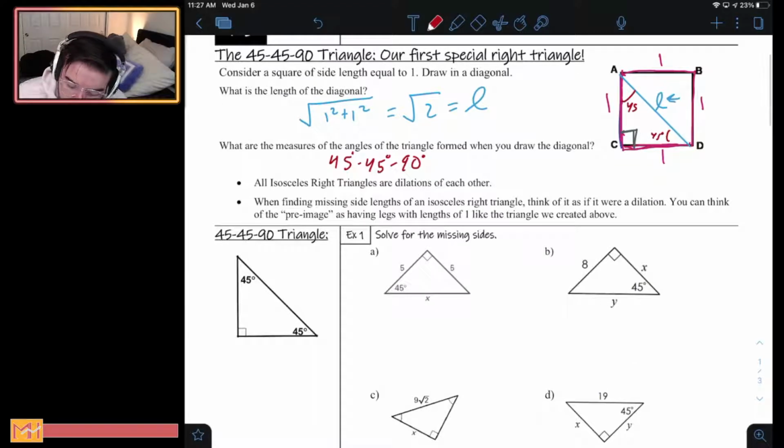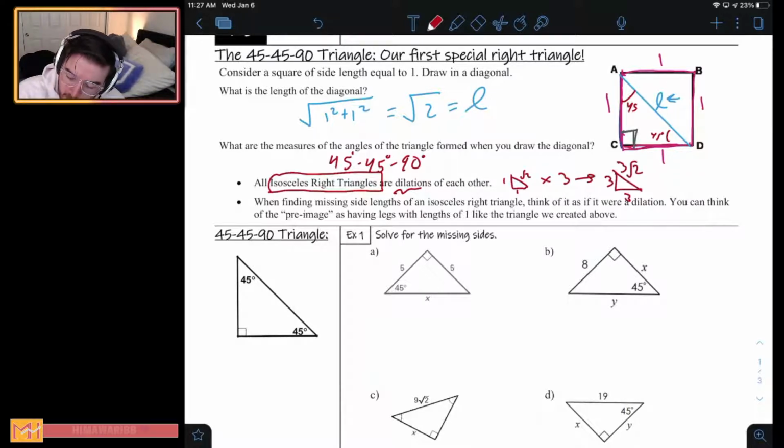So every right isosceles triangle is a dilation of one another. So I can take this simple little triangle that's 1, 1, root 2, and I could blow it up and multiply it by 3, and then it becomes 3, 3, 3 root 2.